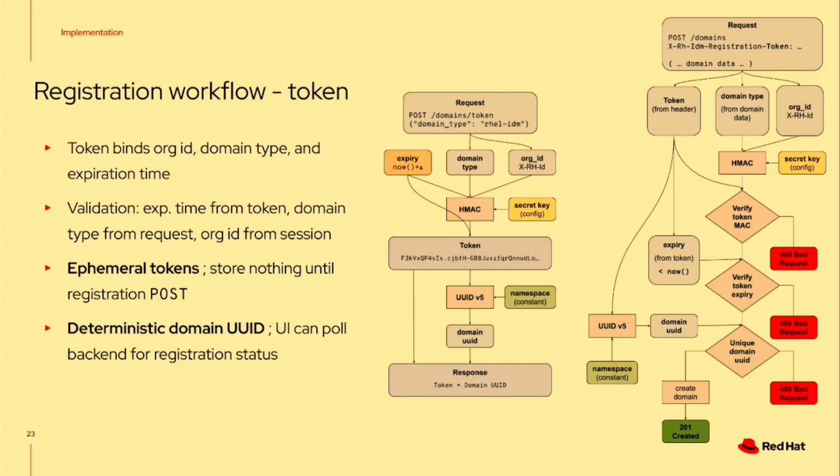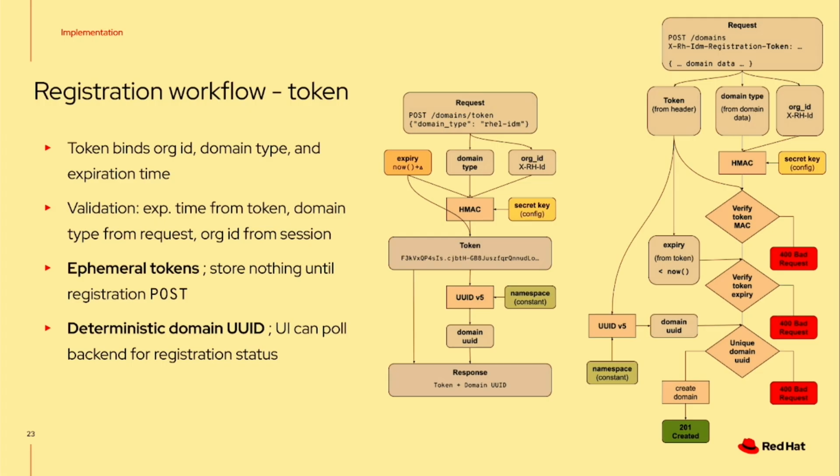The registration token itself is bound to the organization ID, to the domain type, and also the expiration time. So the token is only valid for, I think, 15 minutes is how we configured it currently.